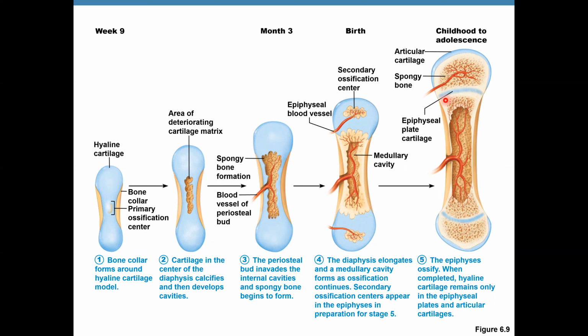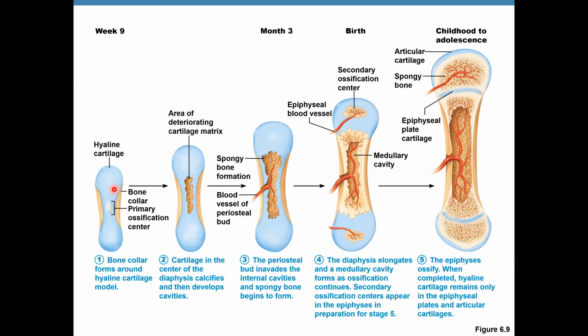And what is left from the hyaline cartilage is the epiphyseal plate. So that's the cartilage left over here. And this cartilage continues to divide and grow until early adulthood, when our bones stop growing in length. So again, a very quick overview.